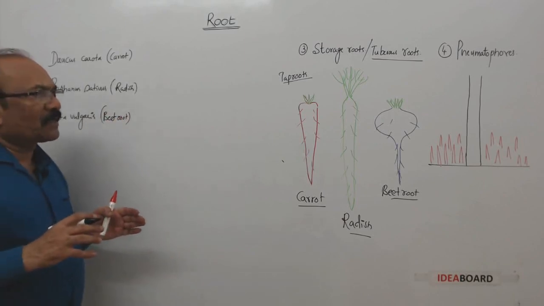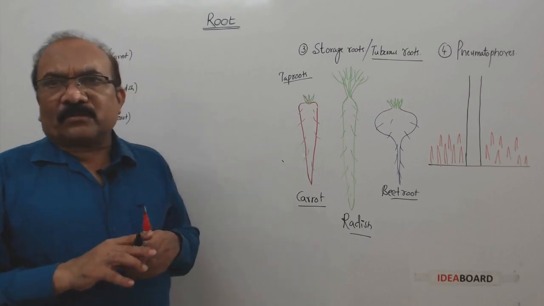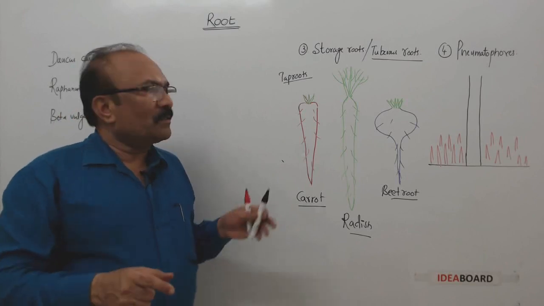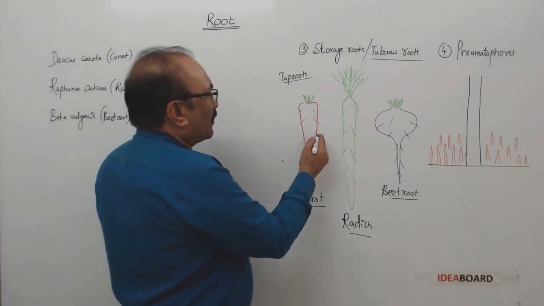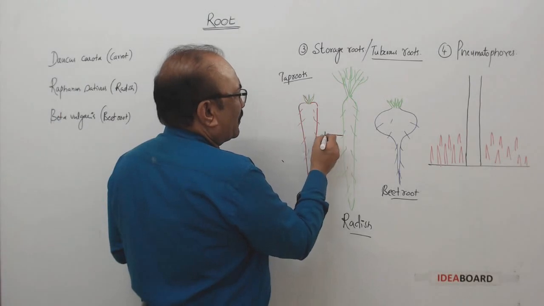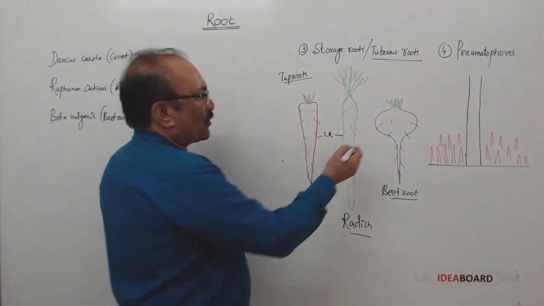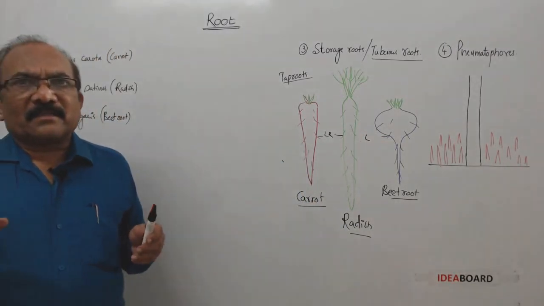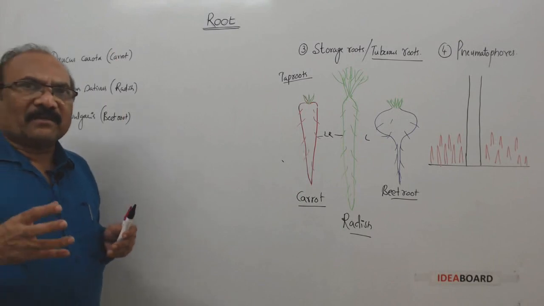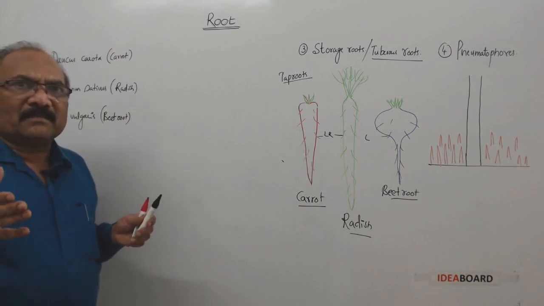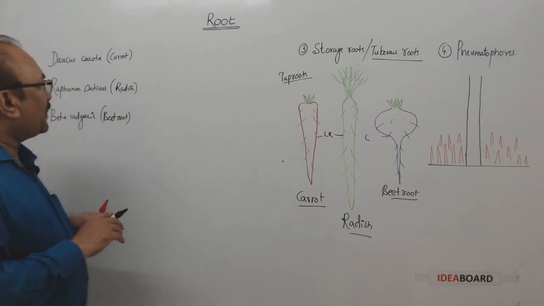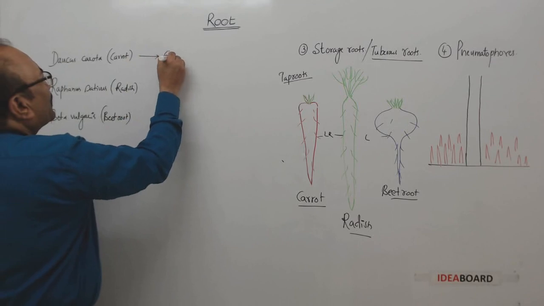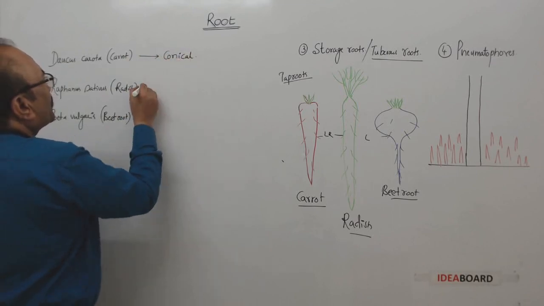Also, don't forget where the food is stored in the entire root system. Only the taproot, the main root, stores food material, and these are lateral roots. This taproot, as a result of storage, acquires a shape, and it is different in these three. The shape of the carrot root is conical.